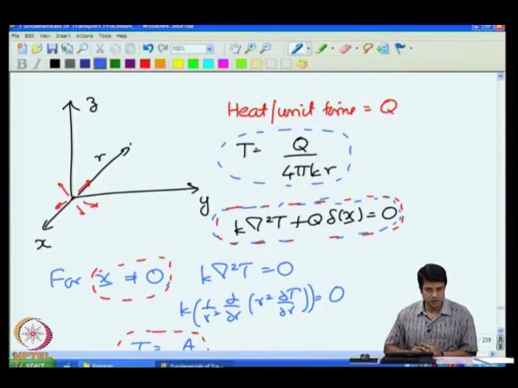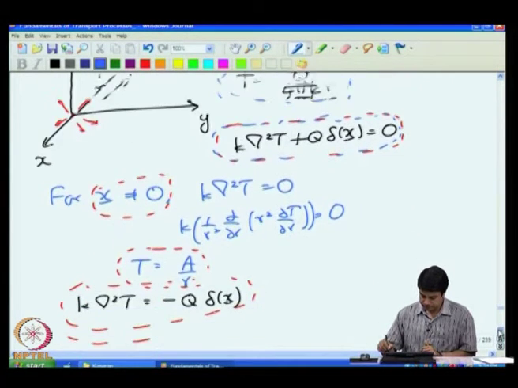Q is heat emitted per unit time. So, Q times delta of x has the correct dimension of heat emitted per unit volume per unit time for a distributed source. For this particular form of the delta function, the solution is the same as the solution for a point source in the limit as r goes to 0, the radius of the source goes to 0. Okay.